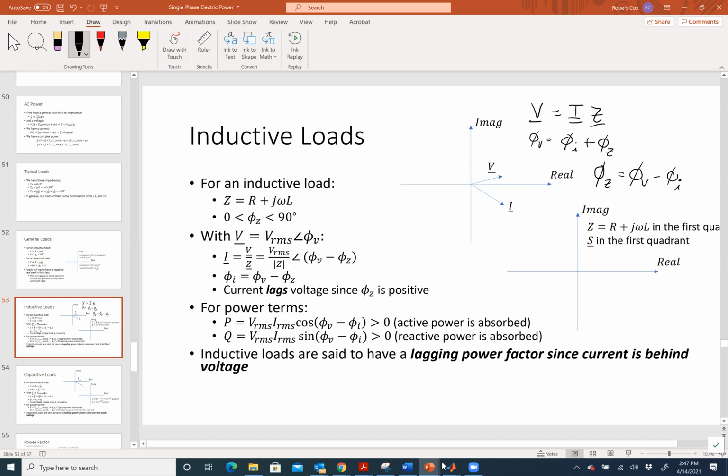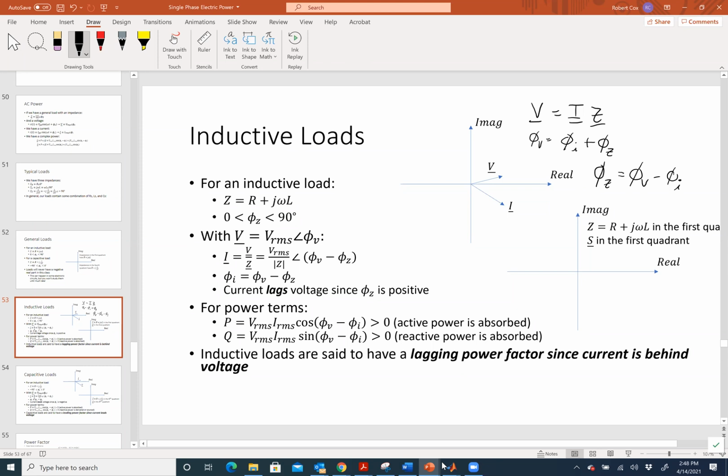Let's say phi Z is 90 degrees, so 90 equals phi V minus phi I. Where is phi I going to be? The current is 90 degrees apart from the voltage, and in particular it's going to be behind.